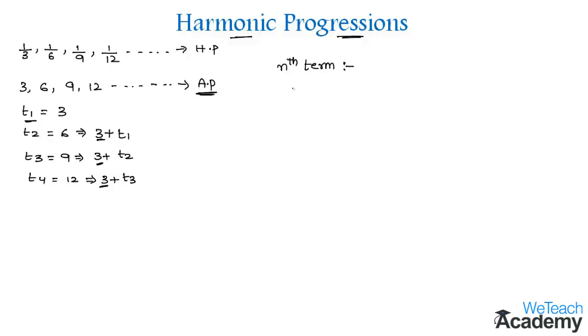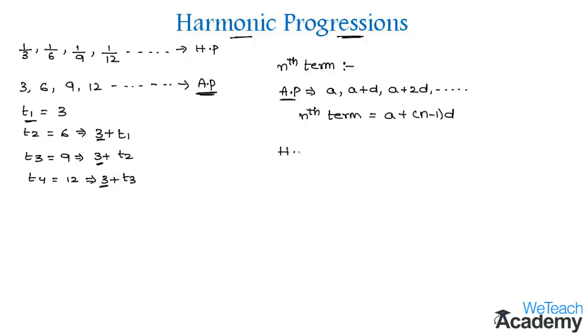We already know that the sequence of an arithmetic progression will be in the form of a, a plus d, a plus 2d and so on. In that case we have the nth term of an arithmetic progression as a plus n minus 1 into d. As we know, the reciprocal of an arithmetic progression is a harmonic progression.